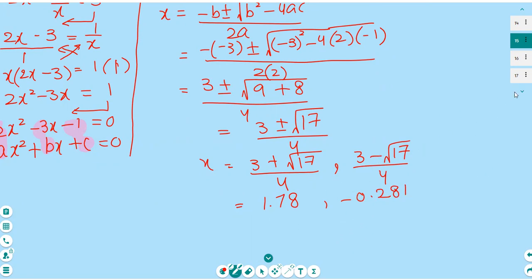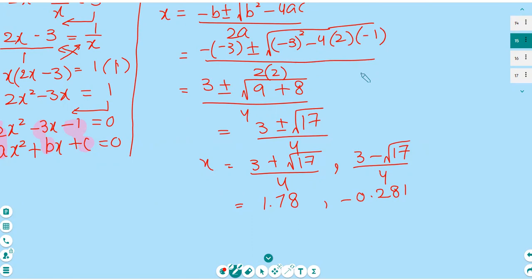So in this video tutorial, I have taught you how to solve the quadratic equation by using the quadratic formula. In some cases, this expression becomes negative inside the square root sign. So in those cases, the solution is not possible, and we can say that the solution is not real, right?